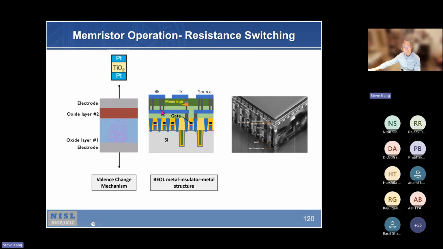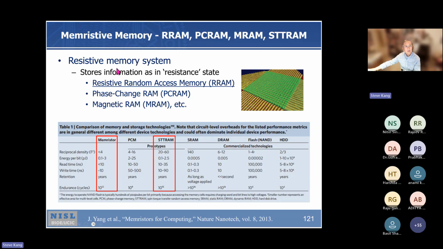We showed that earlier, and then that's a cross-sectional cut. And then the different characteristics of RRAM, phase change RAM, magnetic RAM, STT RAM, and then again this is a different cut.